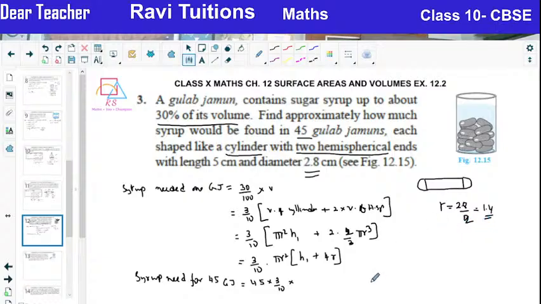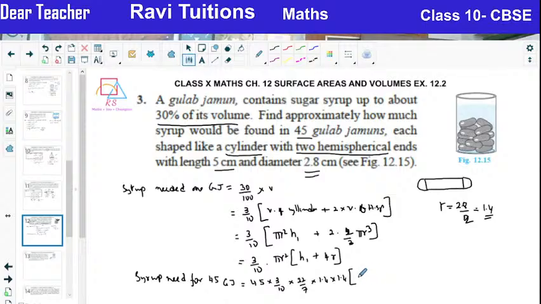You can write 22 by 7 also. 22 by 7 into 1.4 into 1.4. h1, that means the height of the cylinder, with length 5. So h1 of the cylinder is 5.